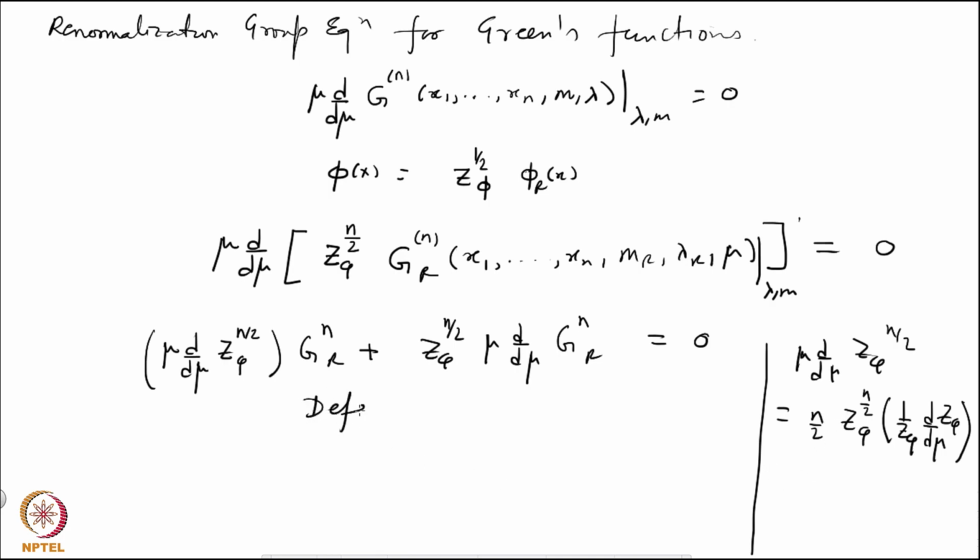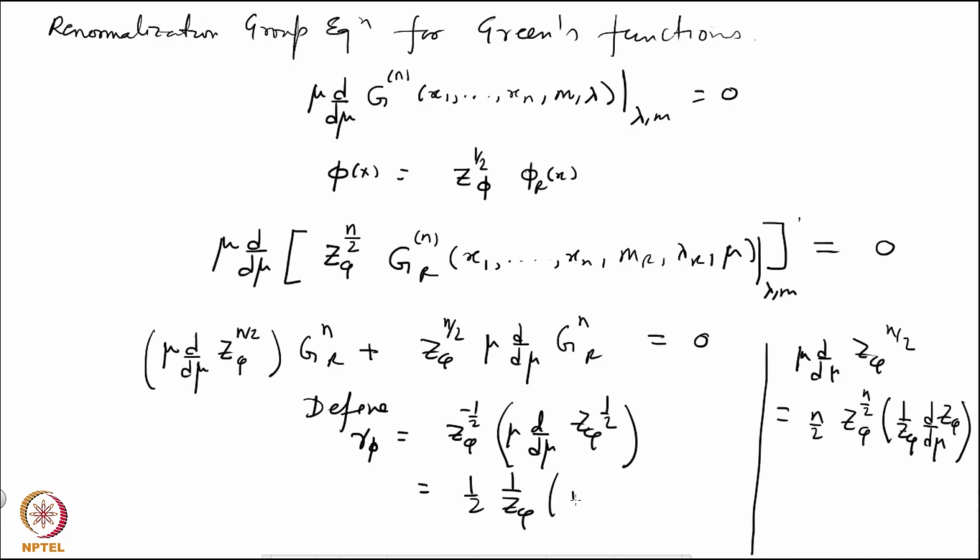Now I define gamma phi as Z phi to the power minus half mu d over d mu Z phi to the half. Okay, which you can check, it's the same as half 1 over Z phi without a square root this time, mu d over d mu Z phi.